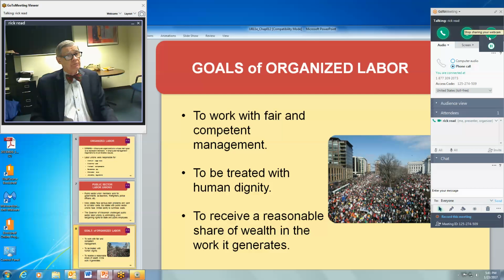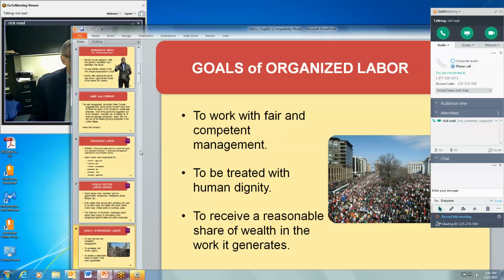The second is to be treated as a human being, not as a peon or a slave with a taskmaster. And then to receive reasonable compensation for the work that they've done. In other words, let's share the wealth equitably.